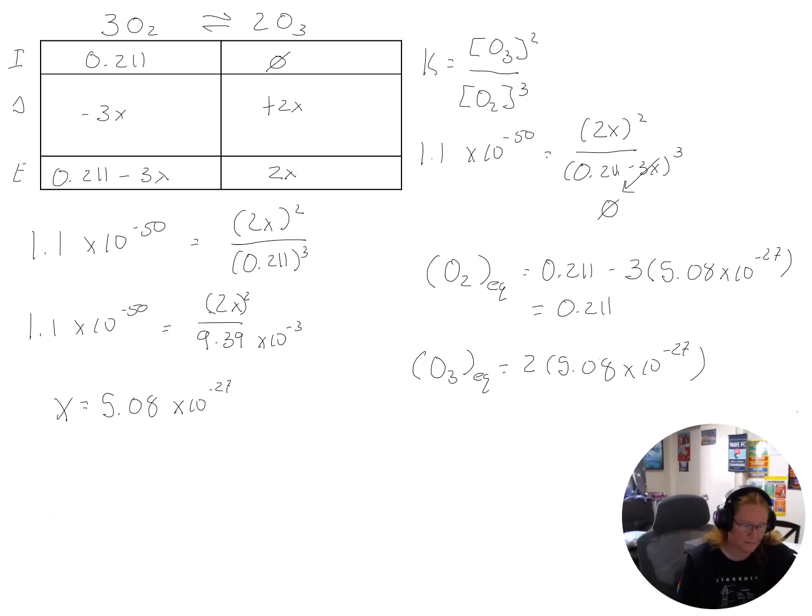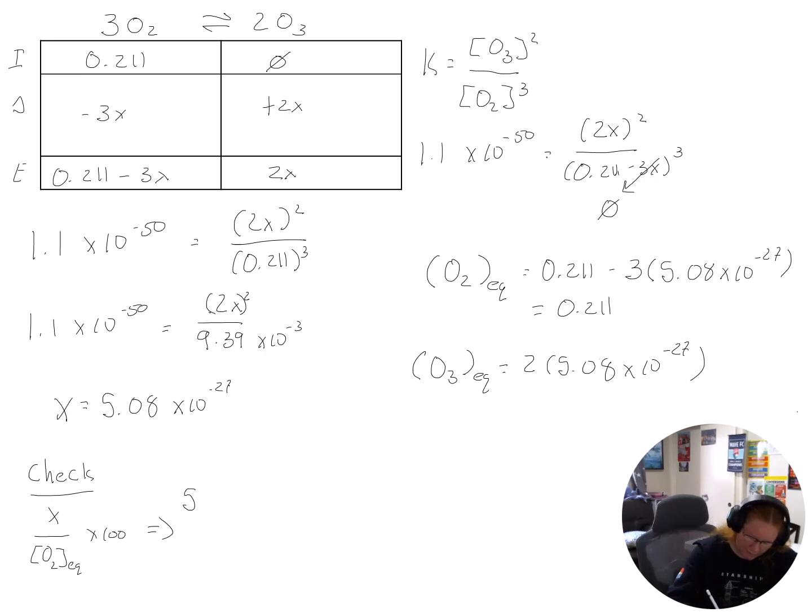Super small. Now we can check. All right, let's do a check. Did we actually introduce less than a 5% error? Okay, so I'm going to look at x, whatever I calculated x for, over my initial concentration times 100.